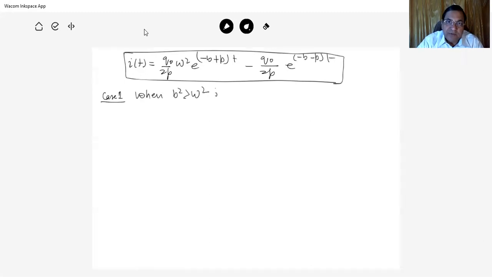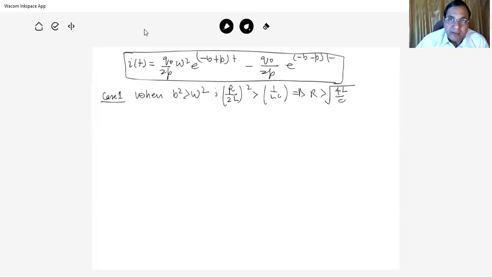So what is B square? B square means (R by 2L) whole square is greater than omega square, meaning 1 by LC. So this implies R is greater than under root 4L by C.